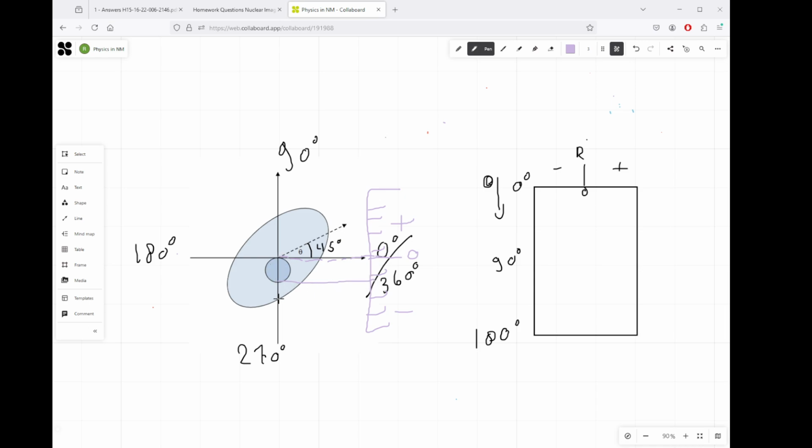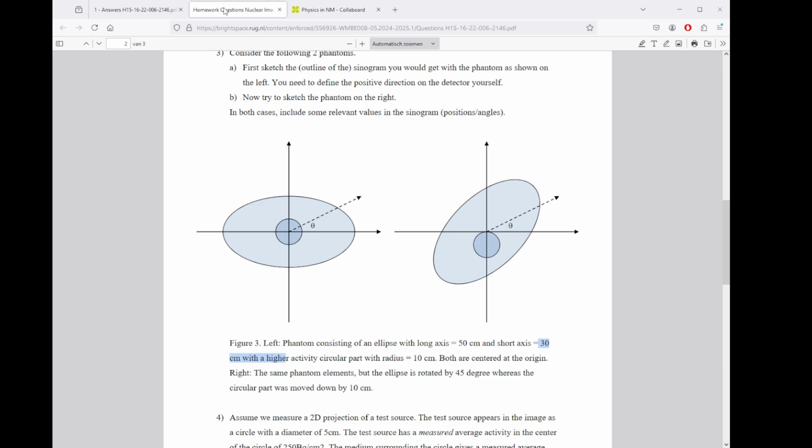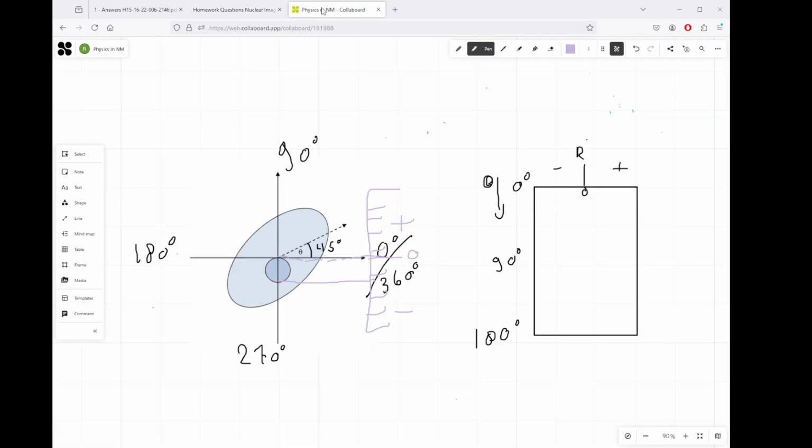I think it was 10, with radius of 10 centimeters. Aha. So the radius is 10 centimeters, which means that this part here is minus 20. So we have a mark at 0 for the small spherical object, and at minus 20.